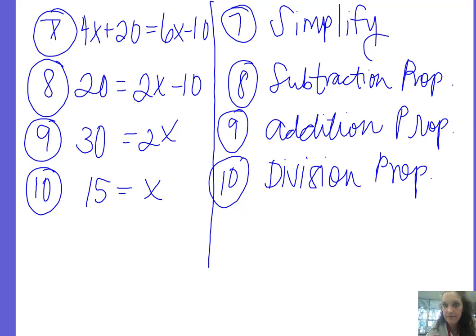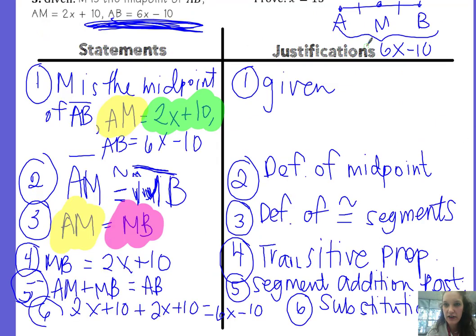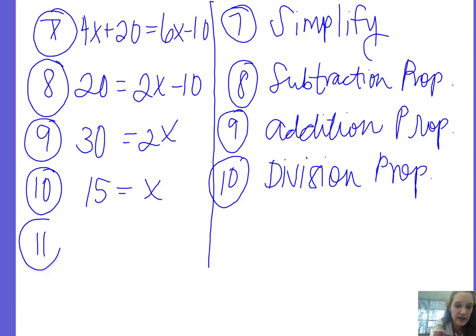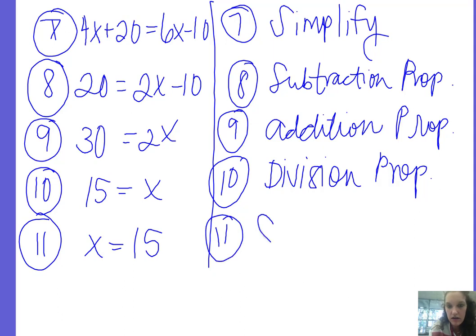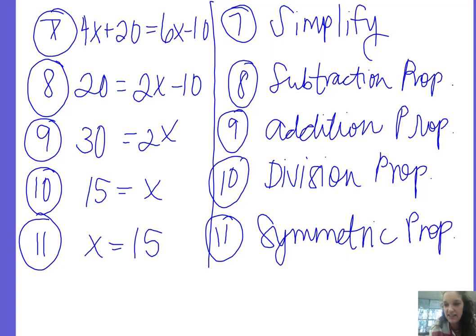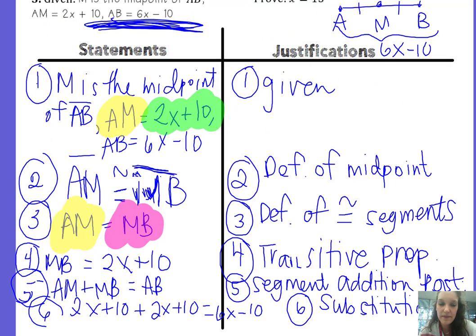And then I need to make sure that my last statement of my proof matches my prove statement perfectly. And so finally I'm going to do the symmetric property. So this last half of the proof should have been fairly easy because it's just solving an algebraic equation and y'all are really good at those. So this looks like a really long proof, but half of it is pretty basic.